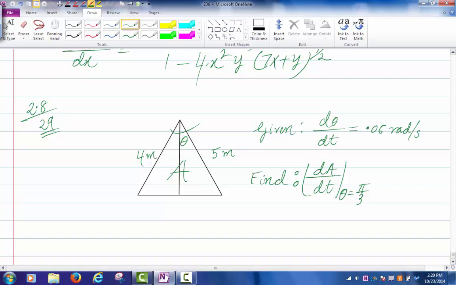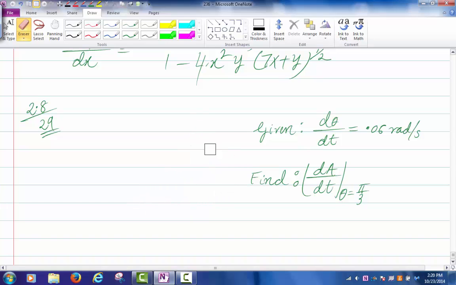Let me change my diagram a little bit, because 4 and 5, they are not the same. So let me make a different triangle here. Let's say I have one side which is 4 meter, another side which is 5 meter, and I have the other side between them.